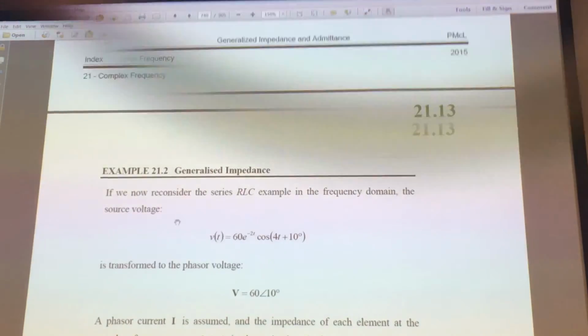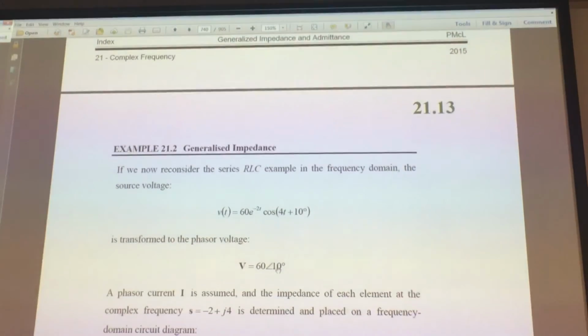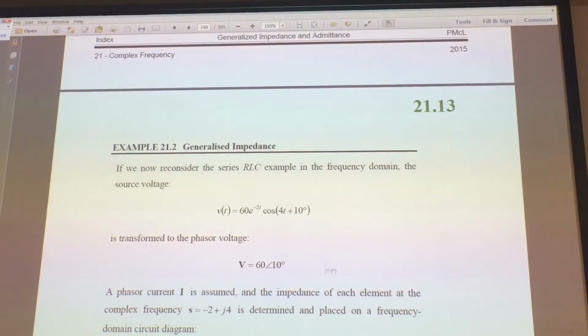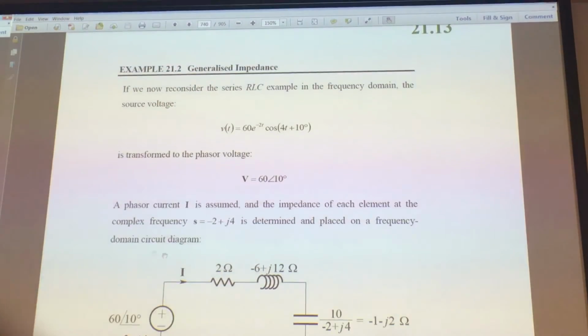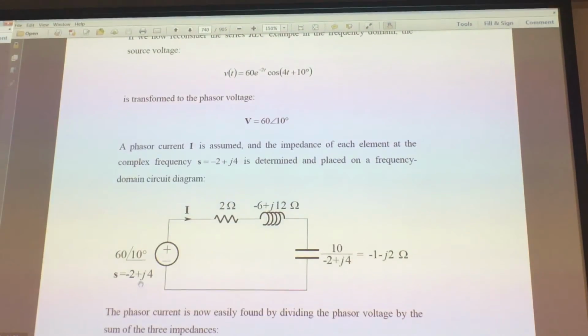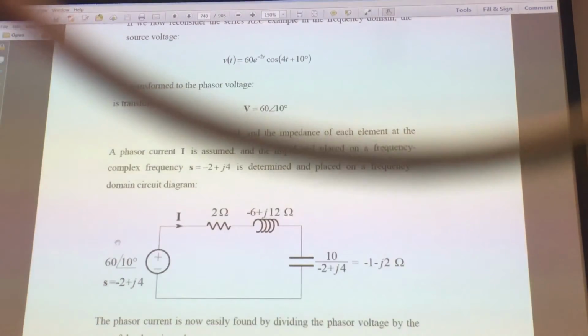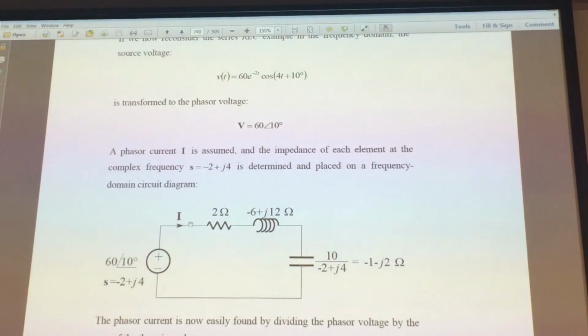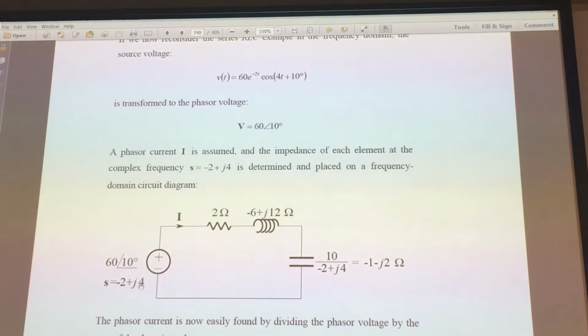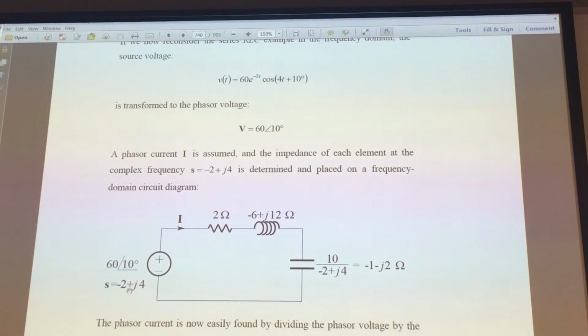Now, without going into the differential equations, we simply apply the phasor voltage, and since there was an exponential decay, the only difference here is that s, instead of being purely imaginary, is now complex. So that exponential decay added just the real part of the complex frequency, and it's -2. Apart from that, nothing has changed.